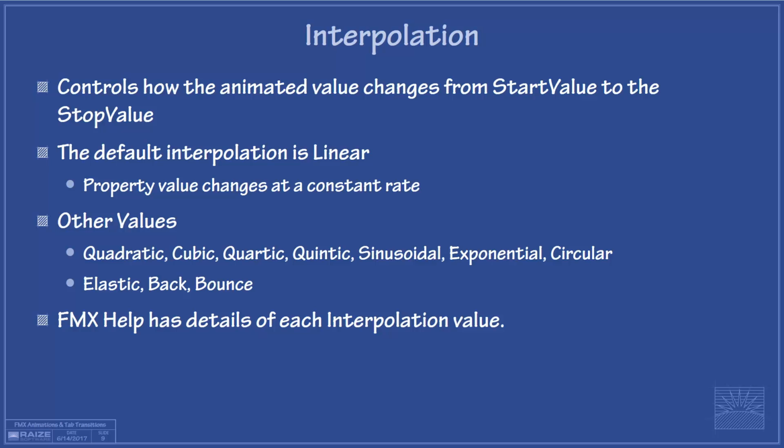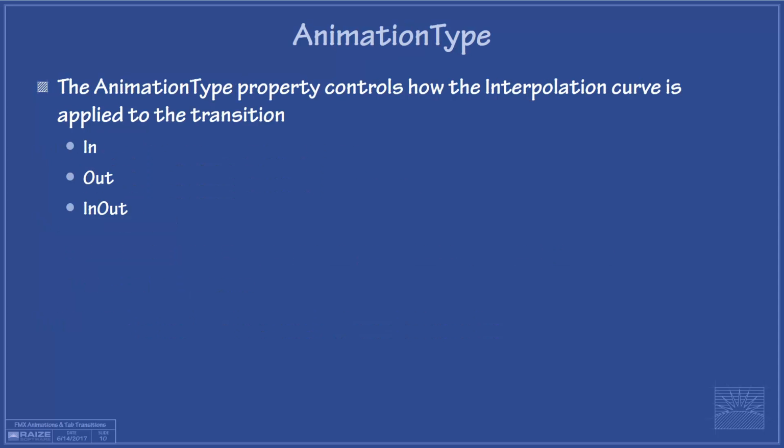There's one other property that's important when we talk about interpolation, and that's animation type. This describes how the mathematical curve is applied to the changing range of values. The default is in, which is kind of weird, but it really means the start.